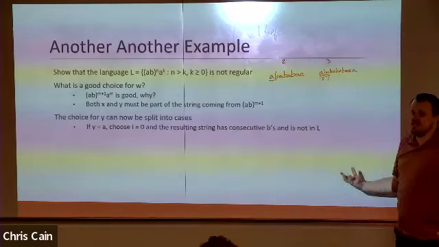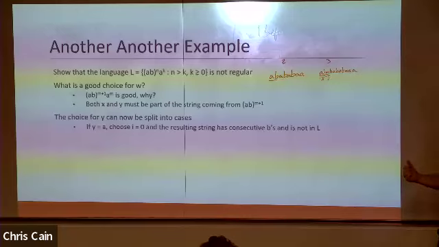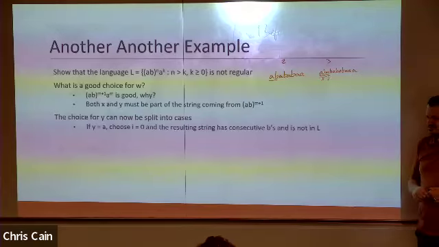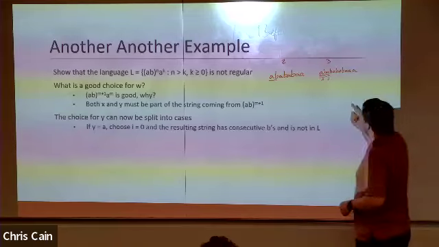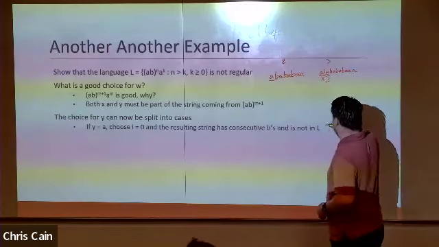But that's not the only case here. Y could be some other things, and maybe we can make a DFA work if we picked a different Y. So what else could Y be? Could be some kind of BA, sure. So taking this example, Y could be like a BA.